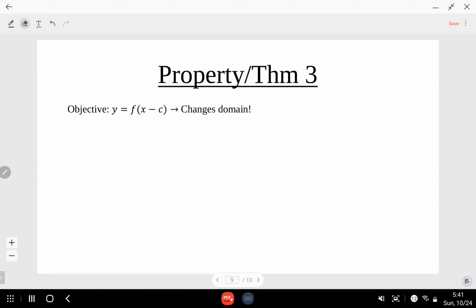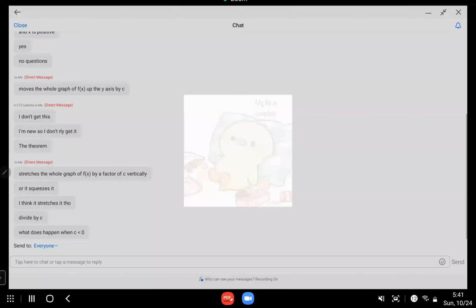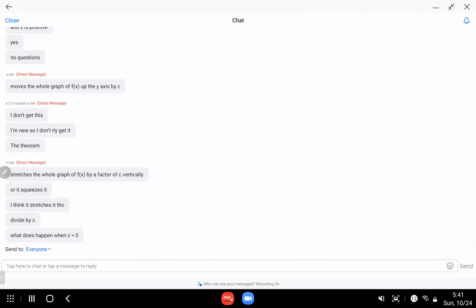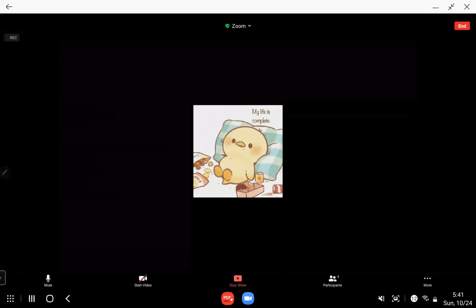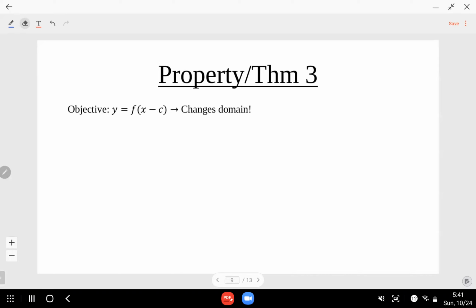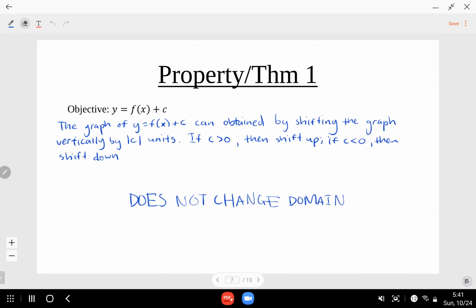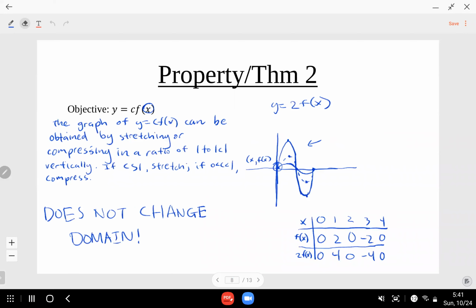So hold on. Isabella, do you understand now? Oh, what happens when c is less than 0? Oh, the first theorem again. Okay, hold on. Yeah, this is the first theorem. It was obtained with the same example, right?